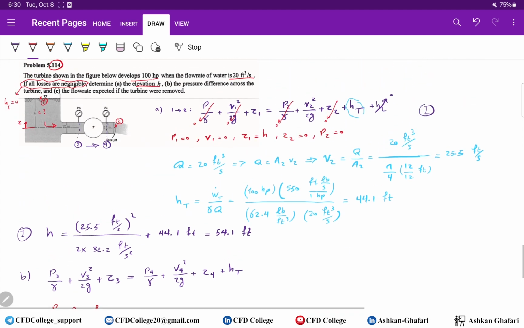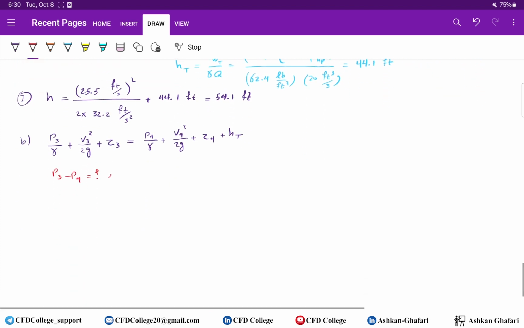These pressures are not the problem. V3 and V4: look at the diameter of the pipe, 12 inches, before and after the turbine. The diameter is equal at these points, so the velocities are equal. Since D3 equals D4, V3 equals V4, so these terms are cancelled.